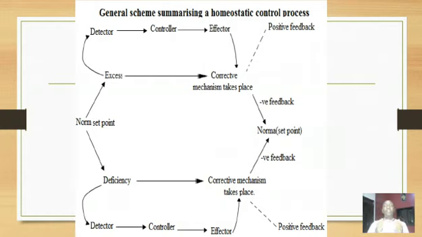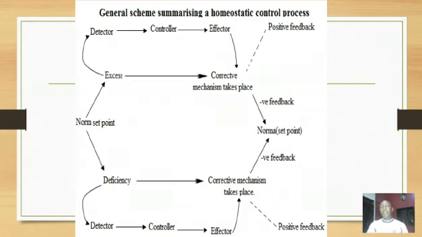A factor decreases below the normal, detected by the detector or receptor, informs the coordinator or the control center, sets into action measures that would correct, information sent to the effector now brings in the corrective mechanism, factor increased back to the norm. Then that is the principle of negative feedback.